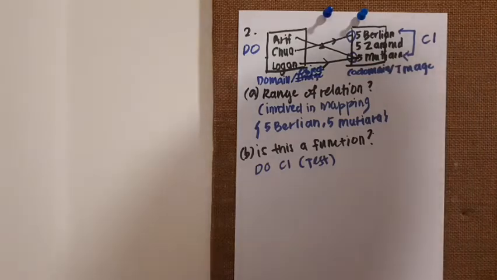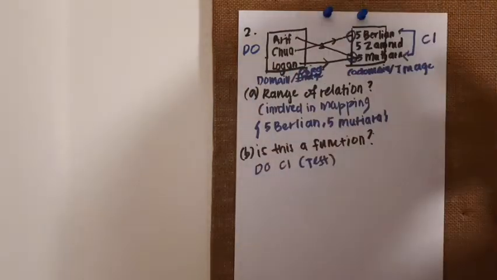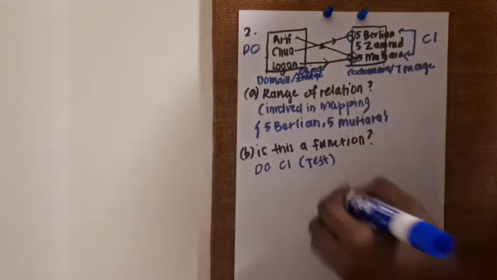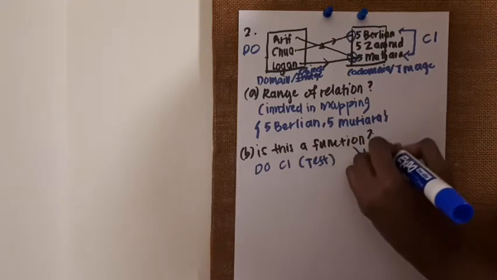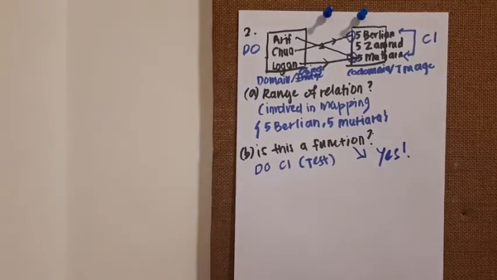So if you test through this, if you have a domain and a codomain, or object and image, then this is automatically yes, this is a function.